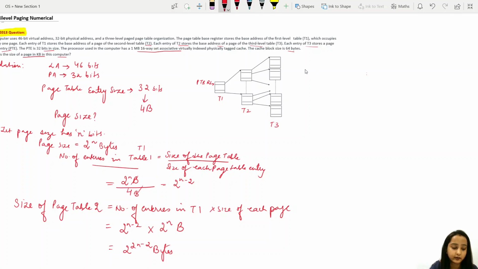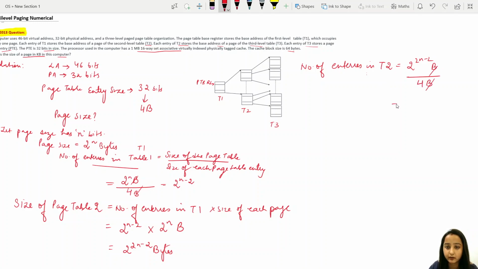So here the size of T2 is known to us, and now we can find the number of entries in T2. We take the size of page table 2, 2 raised to power 2n minus 2 bytes, and divide by the page table entry size, that is 4 bytes.